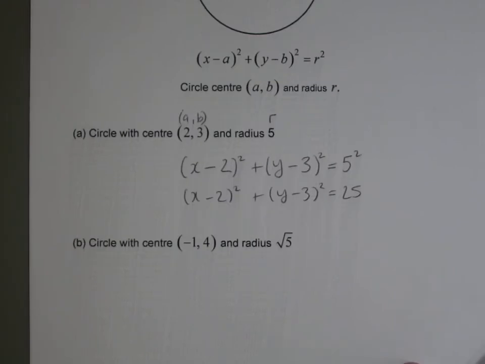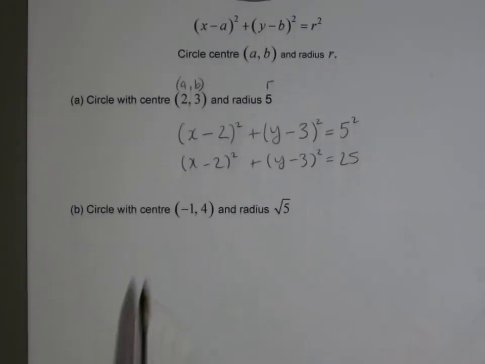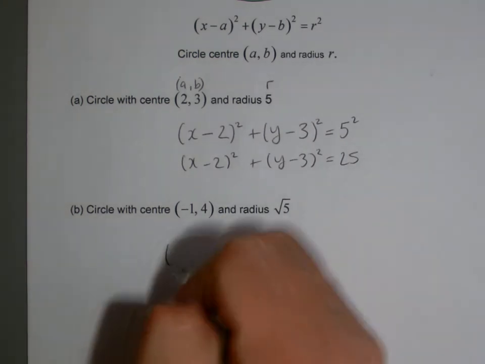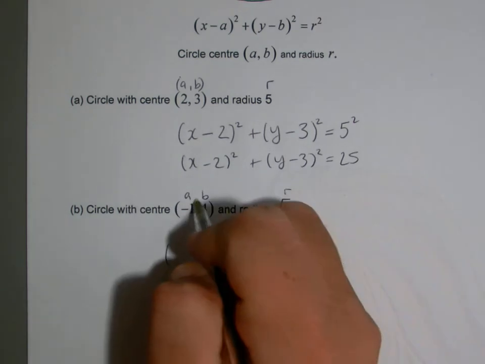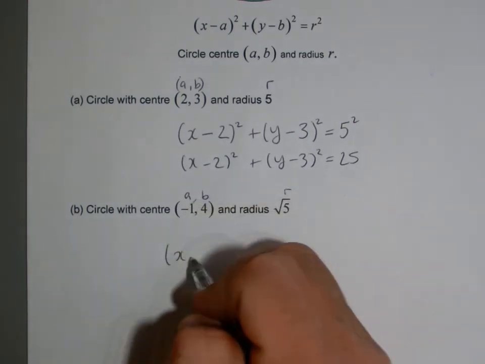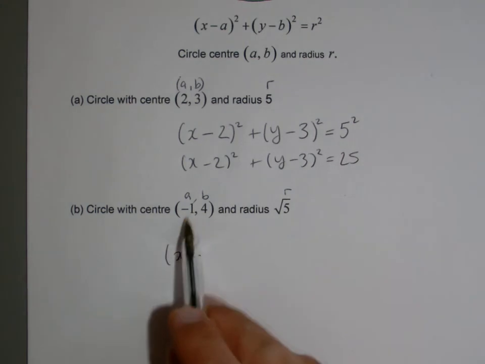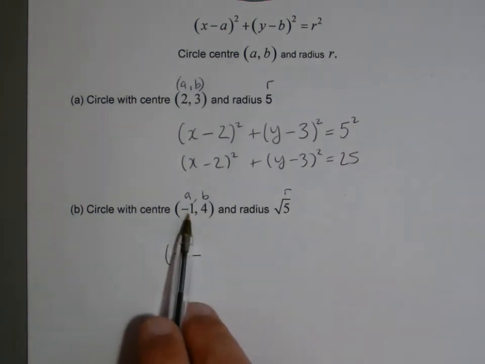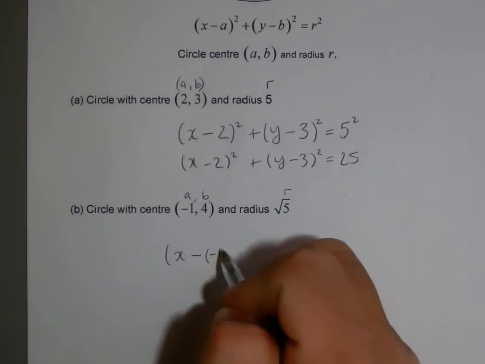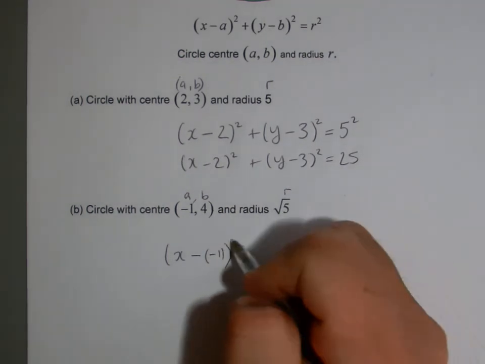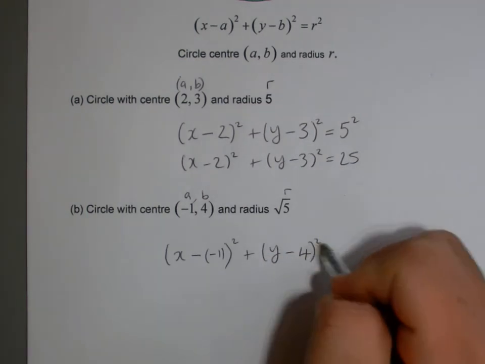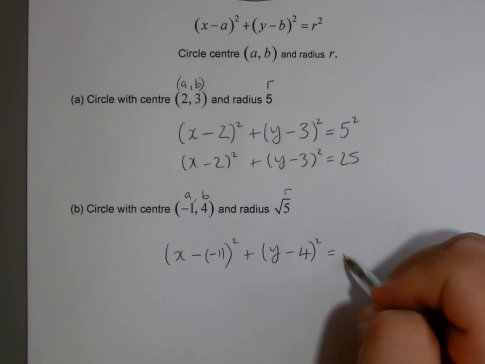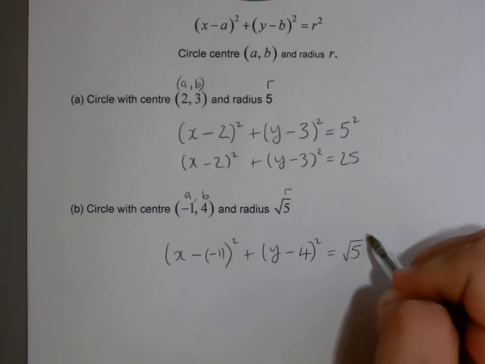Let's look at the second one here. A circle with center minus 1, 4 and radius root 5. Substitute in your a and b. Remember, that is your a, that is your b, and there is your r. So we've got x minus a. Now a happens to be negative here, so we need to put in negative 1, all squared, plus y minus b, so y minus 4 all squared, equals r squared. r is root 5 and we've got to square it.